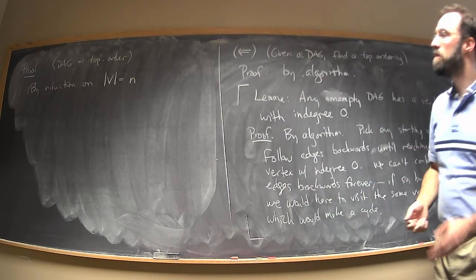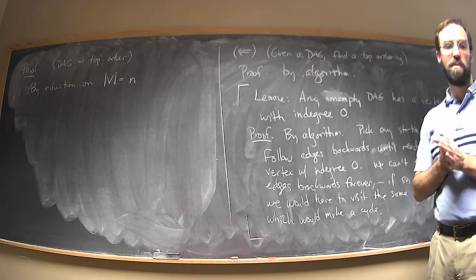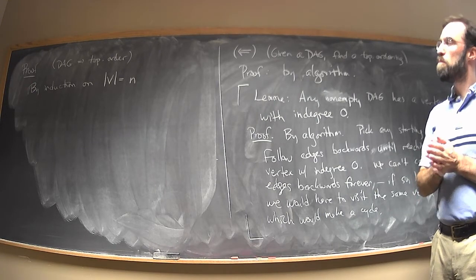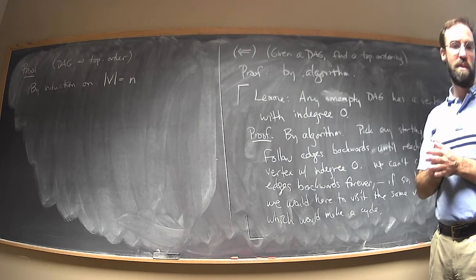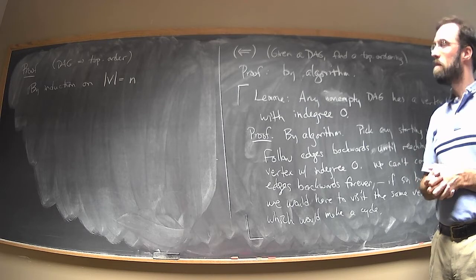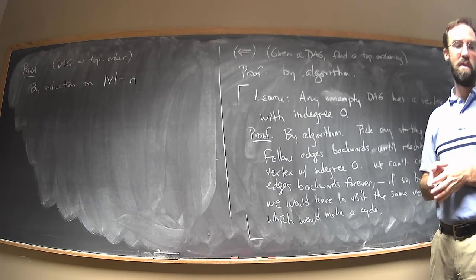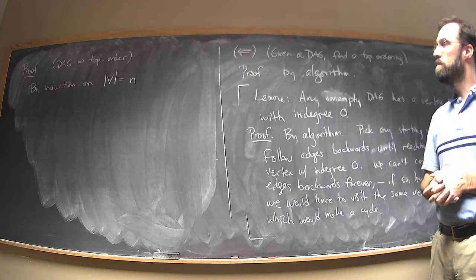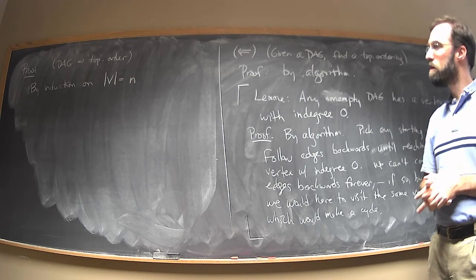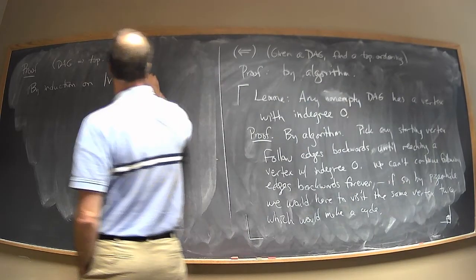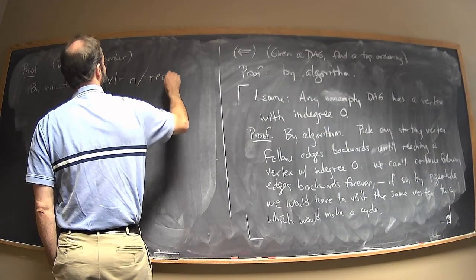I started out by saying we were going to prove this by giving an algorithm. A proof by induction on n is really the same as a recursive algorithm that keeps taking away one vertex at a time, or more than one perhaps. So, by induction on n, or recursive algorithm.